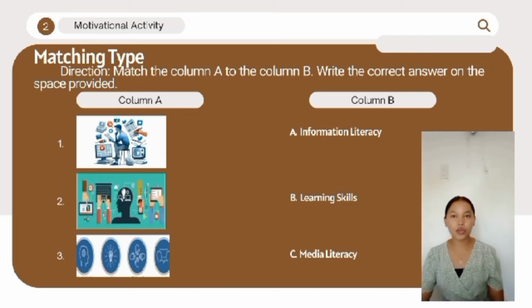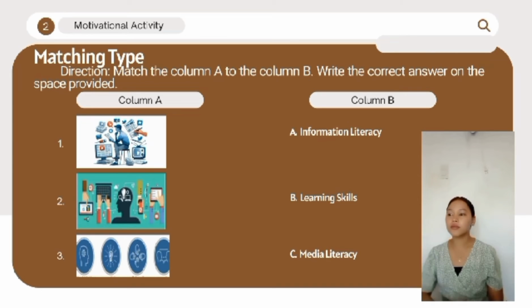Who wants to answer? What do you think is the title? The specific title of that image? Very good. Number 1, the answer is letter B. Yes, the answer is media.